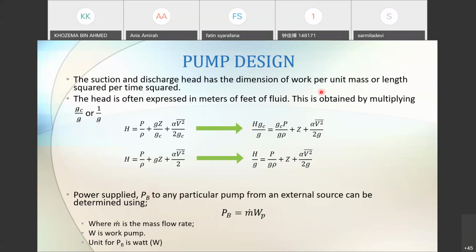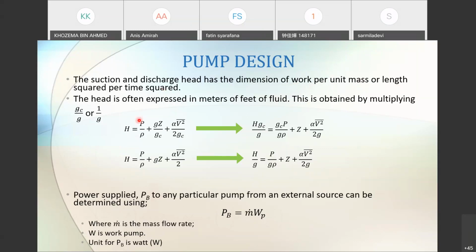Work has the unit of joule. You can define joule as kg meter squared per second squared. So if you have work per unit mass, you'll get length squared per time squared.